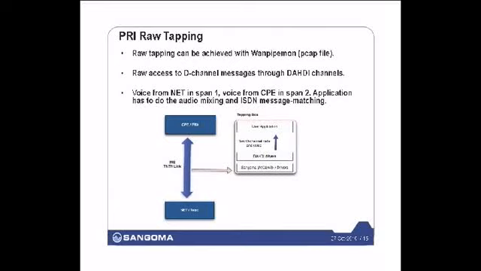But it's going to be up to you to take care of mixing the audio, because the audio of a single call comes in two different spans. And the messages in the ISDN protocol also come in two different spans. So for example, a setup message that you see in span 1, for the same call, the proceed message is going to come in span 2.